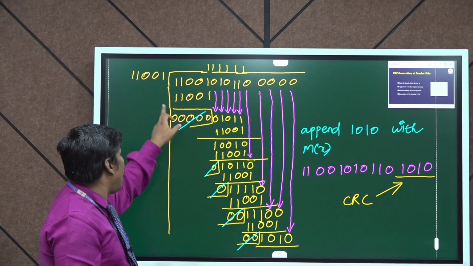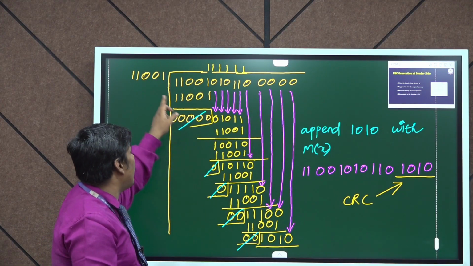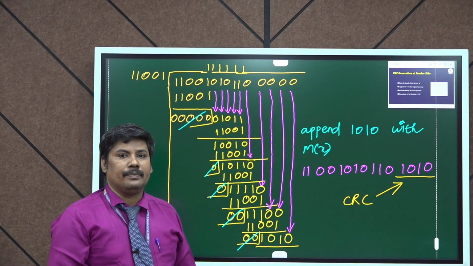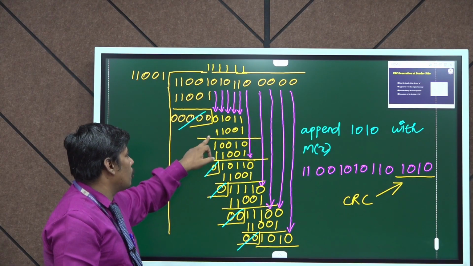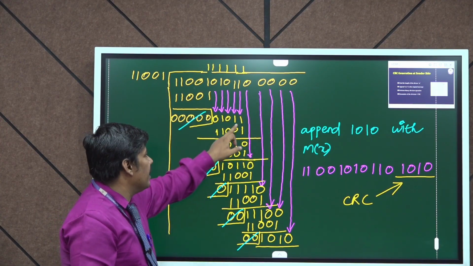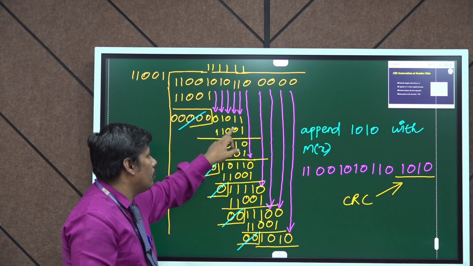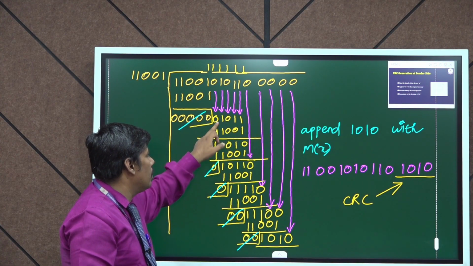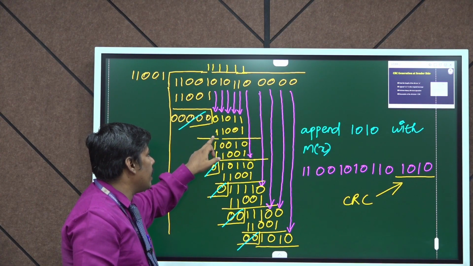Then how many times can 1 1 0 0 1 divide this element? One time, so here I am writing 1 1 0 0 1. Same input, my output is 0; different input, my output is 1; same input 0; same input 0; different input 1.